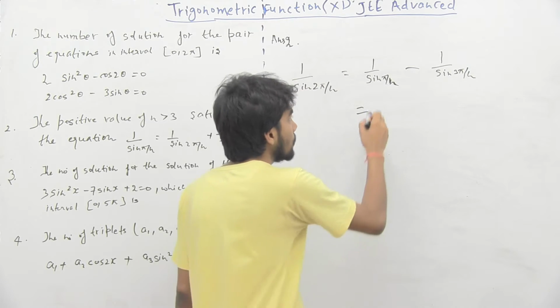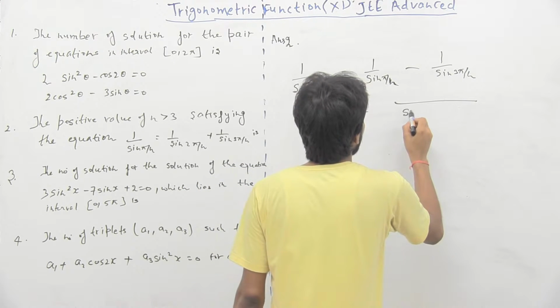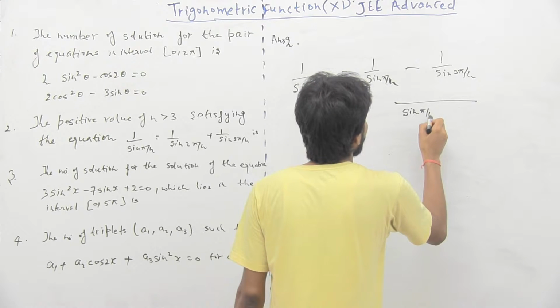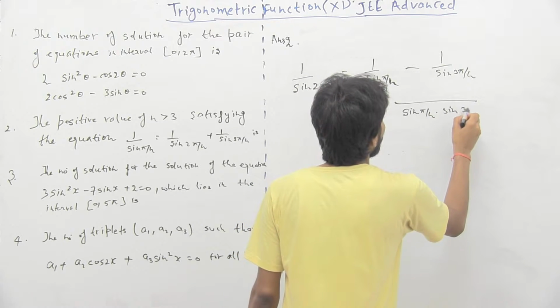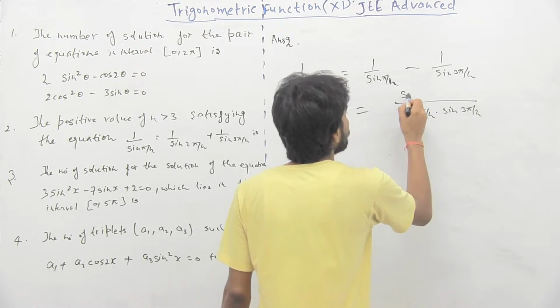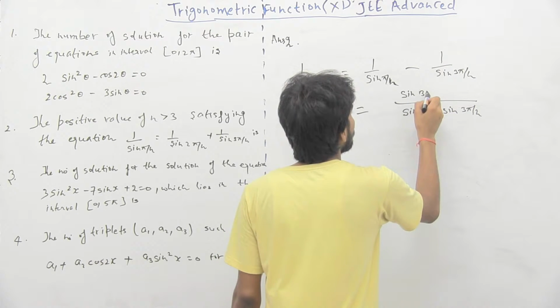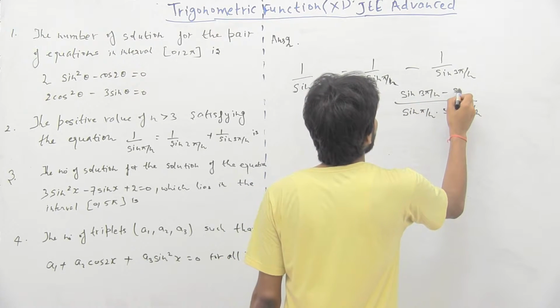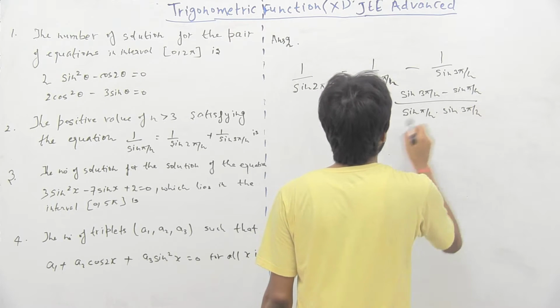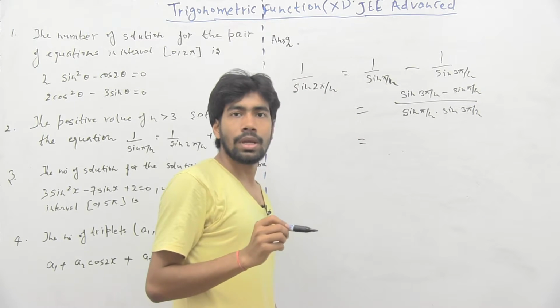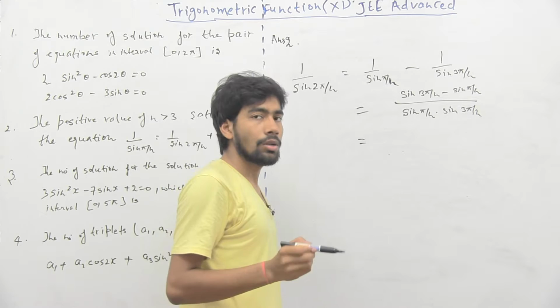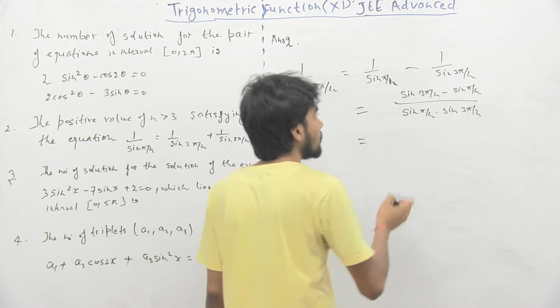Take the LHS as this. Now what is the value of sin A minus sin B? It is 2 sin A minus B by 2 into cos A plus B by 2.